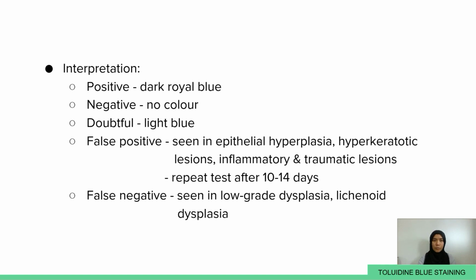It is doubtful if it is light blue, and it can give false positive results in epithelial hyperplasia, hyperkeratotic lesions, and inflammatory and traumatic lesions. Usually the clinician will repeat the test after 10 to 14 days. It can also give false negative results, which can be seen in low-grade dysplasia and lichenoid dysplasia.